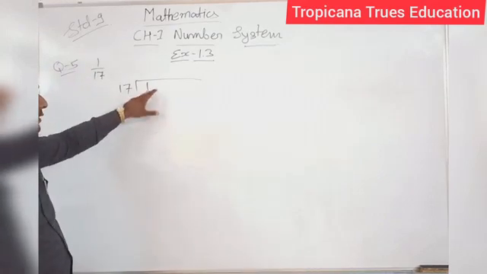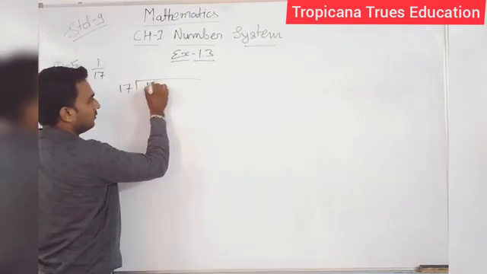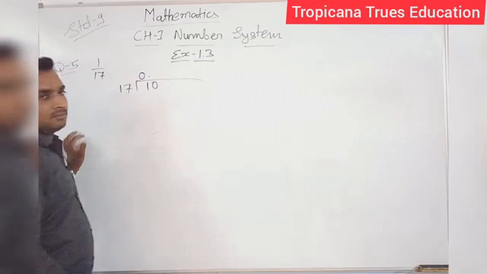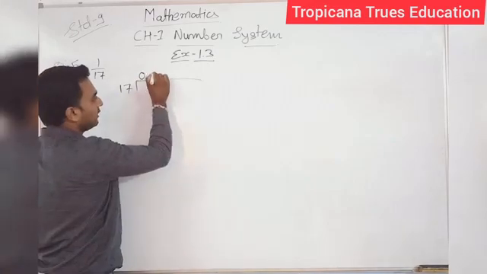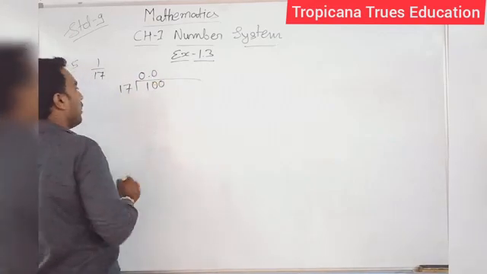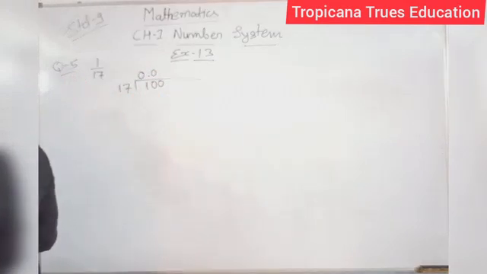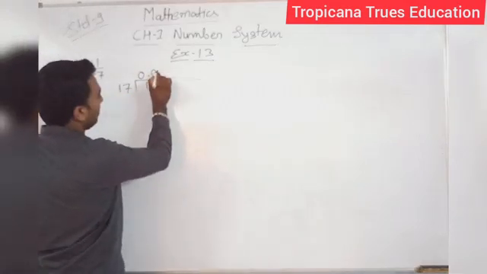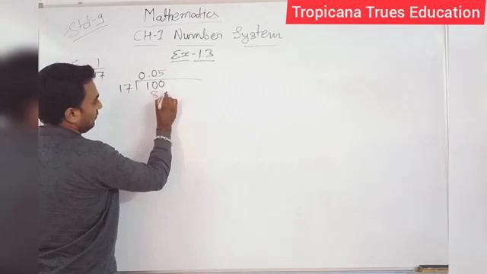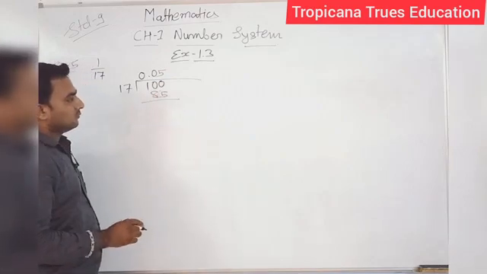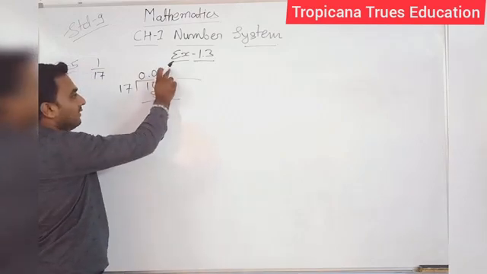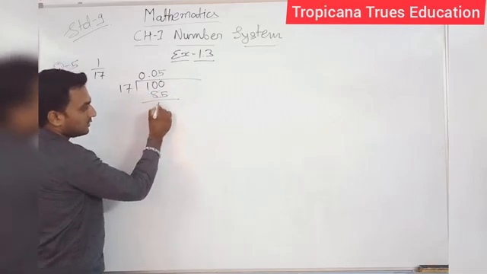It is not divisible, so I put 0 here, then I put the point. Again it is not divisible, so I put 0 and another 0. Now I know that 17 5s are 85. Clear? So 17 5s are 85, the remainder will be 15.